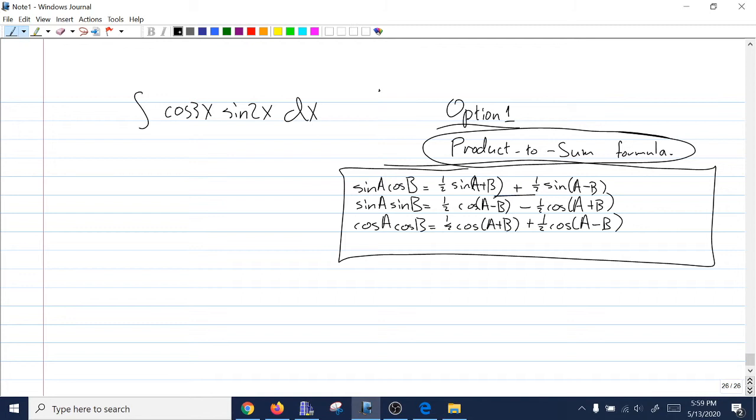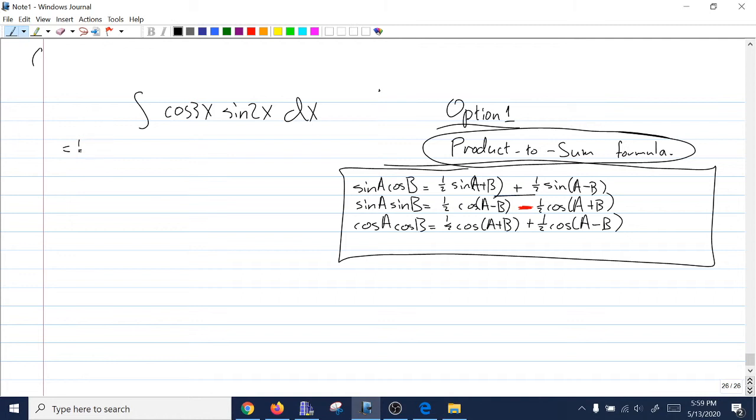Cosine sine, according to this formula, I can rewrite this. Let me make that in red because I messed it up the first time. This is sine something cosine something.